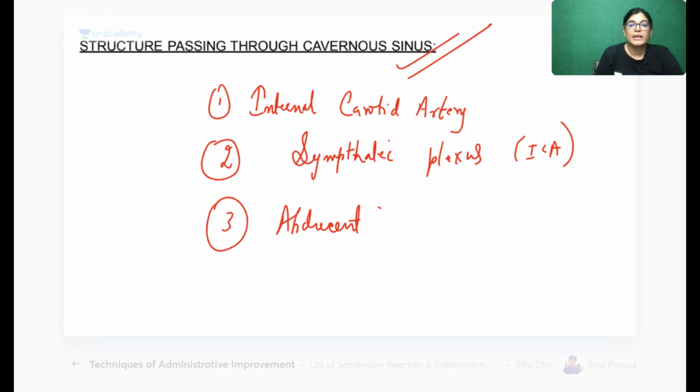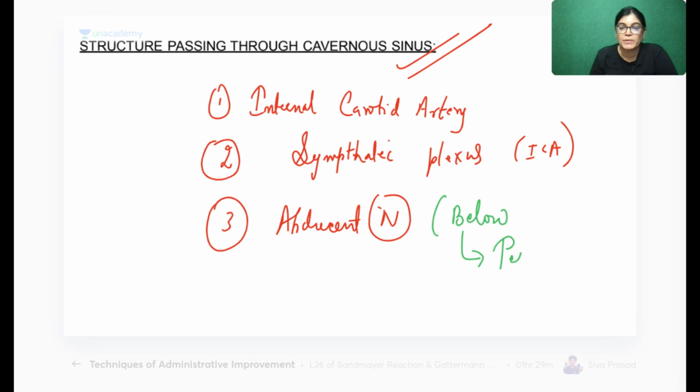The abducent nerve, when passing through the cavernous sinus, is passing below one ligament. Anyone remembers the name of the ligament below which the abducent nerve is passing? The name of the ligament is the petrosphenoid ligament.